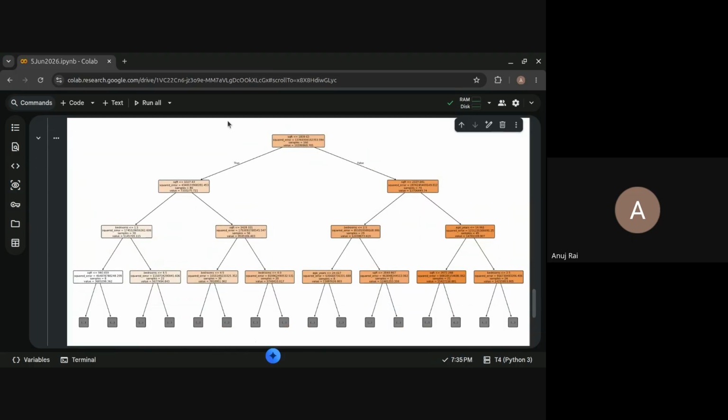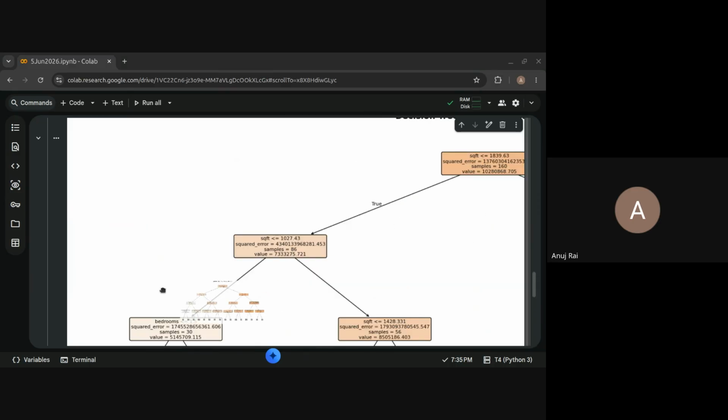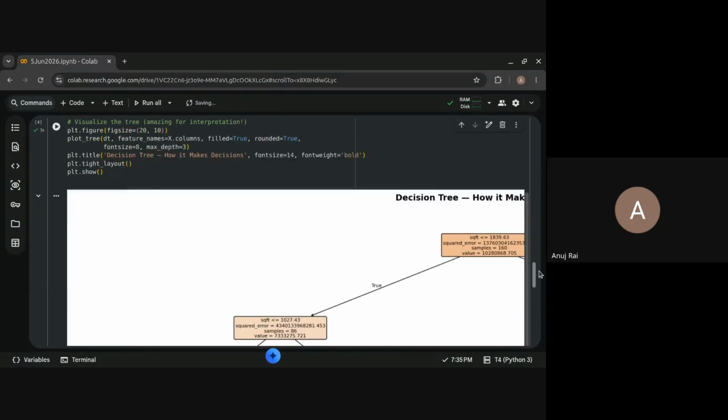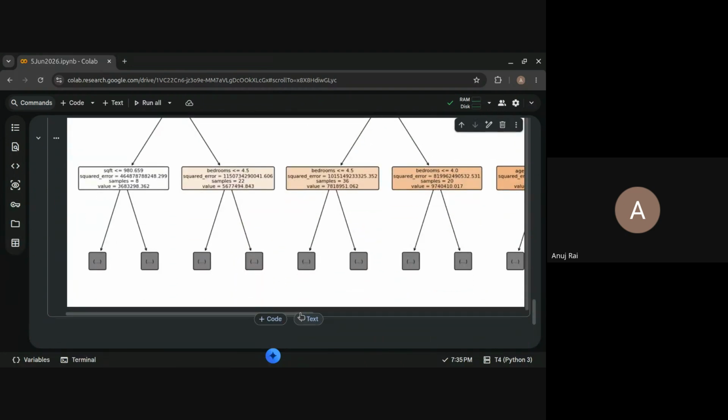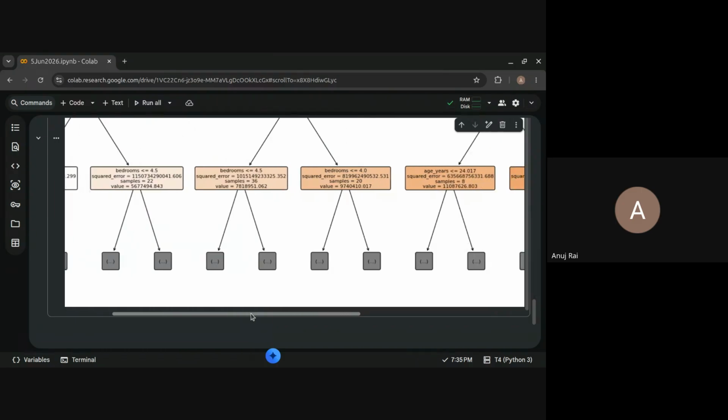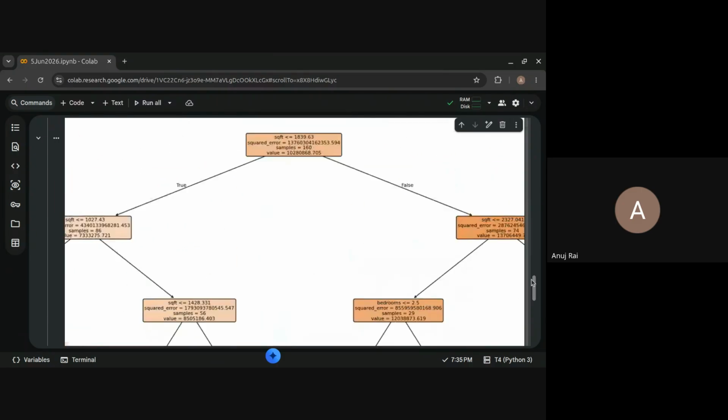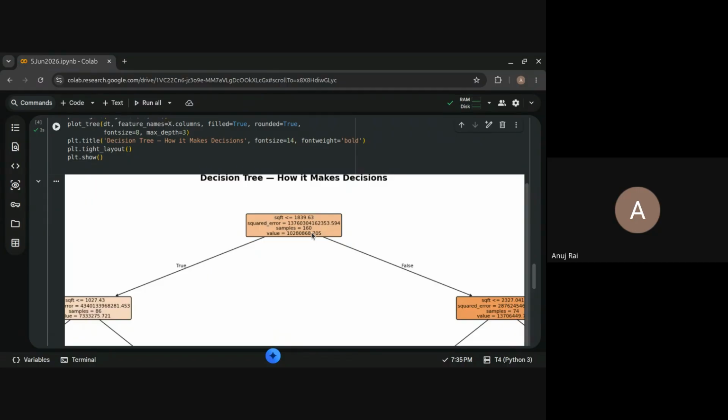So here you can see how it determined. If square feet is less than this, then true or false. Then again, it created a filter.